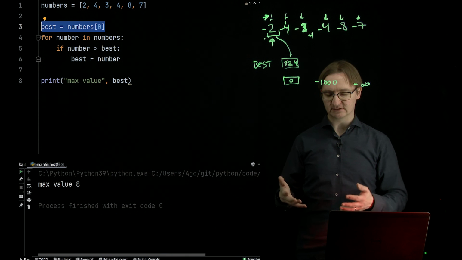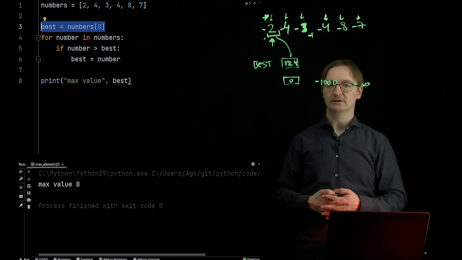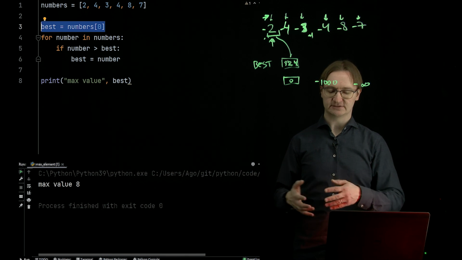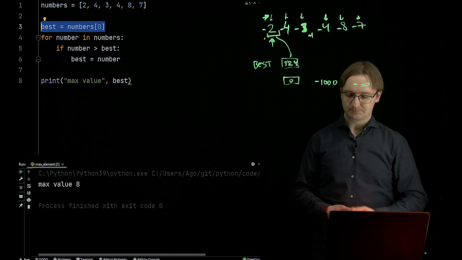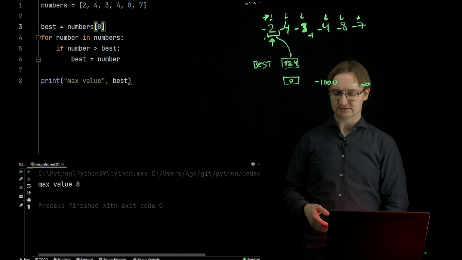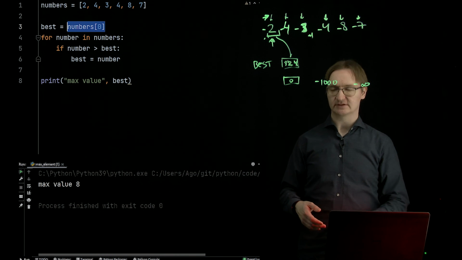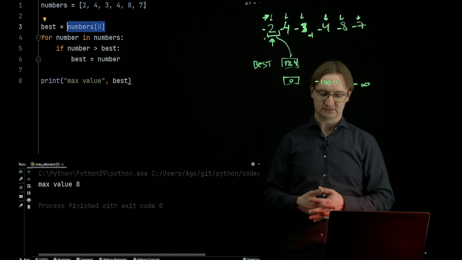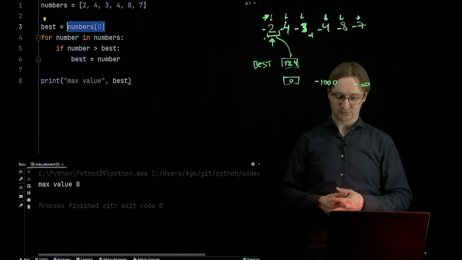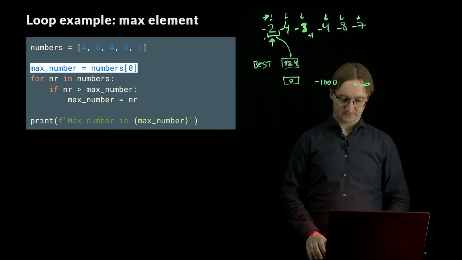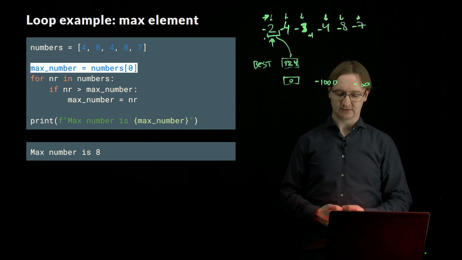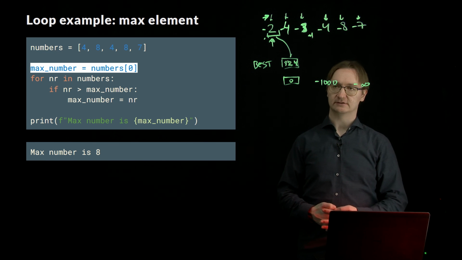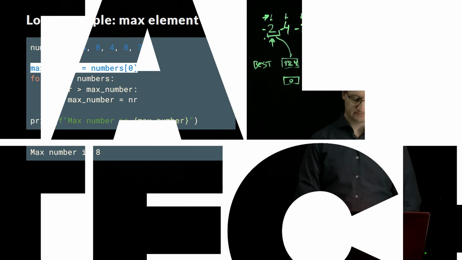So either way, you should probably do some additional check for that. If the list is empty, then print out that there is no maximum value. But in other cases, using the first element as the current best value is quite an okay solution. And here, if we execute the code, we get the maximum number is 8.